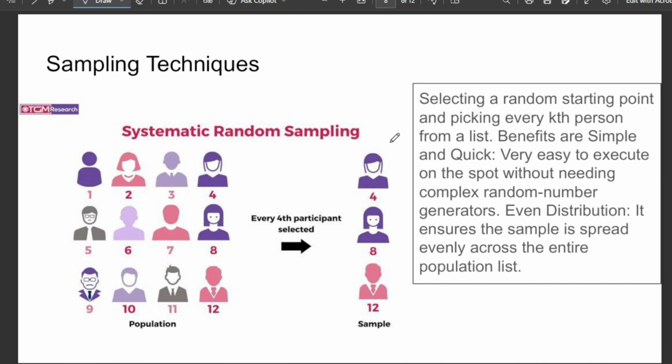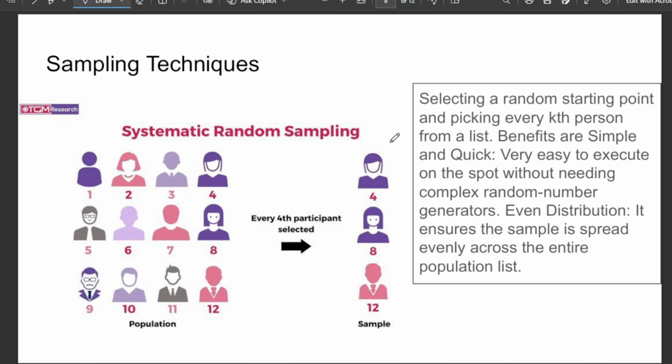Next would be systematic random sampling. This means selecting a random starting point and picking every kth person from a list. The benefits are that it is simple and quick, very easy to execute on the spot without needing complex random number generators. And it gives even distribution, ensuring the sample is spread evenly across the entire population list.